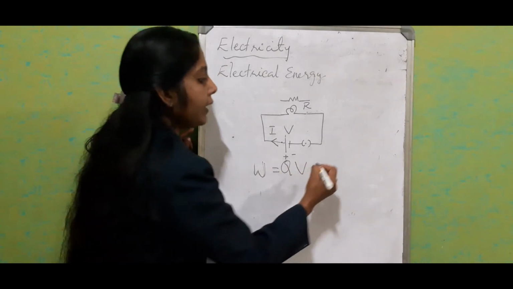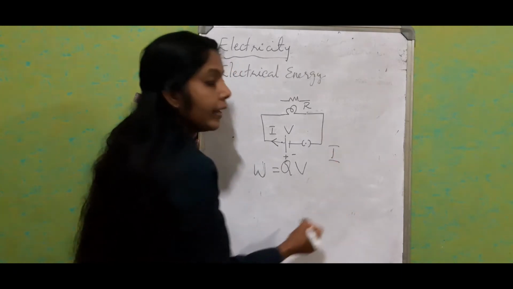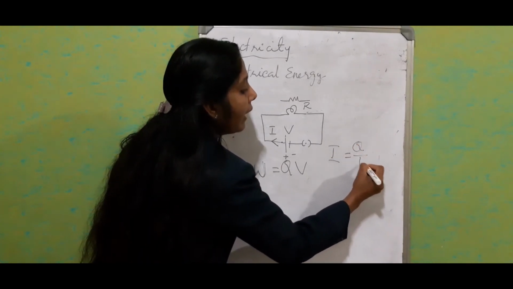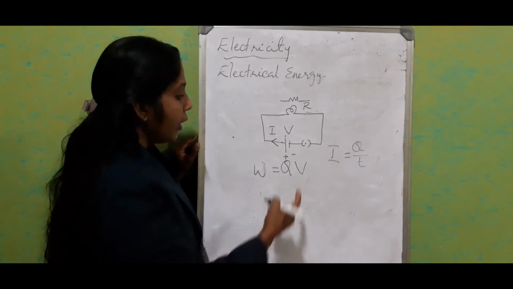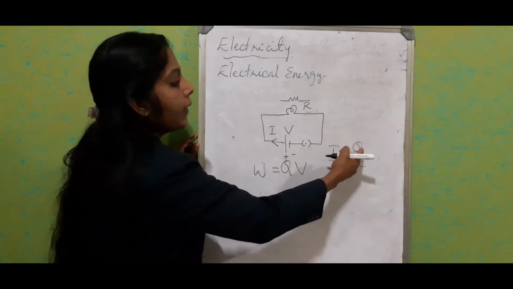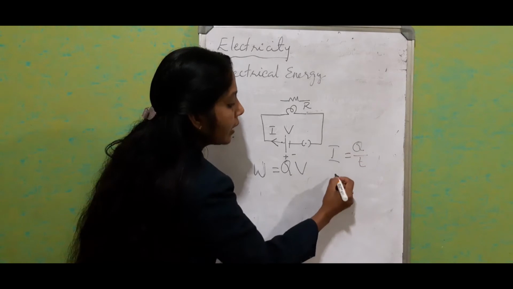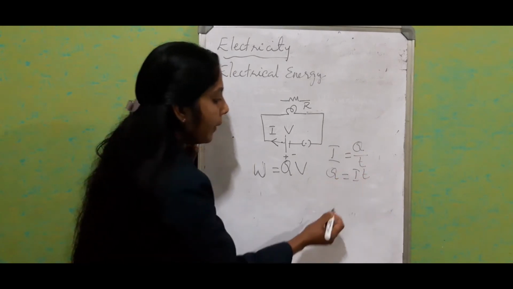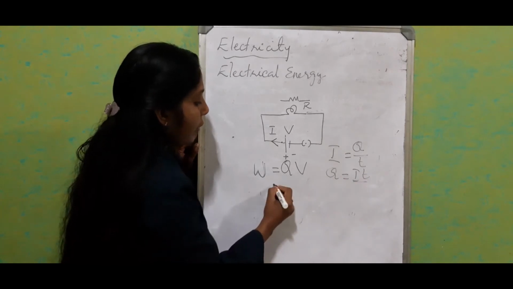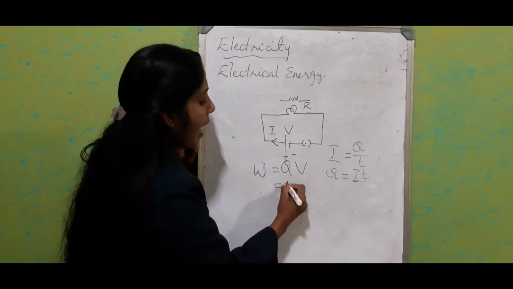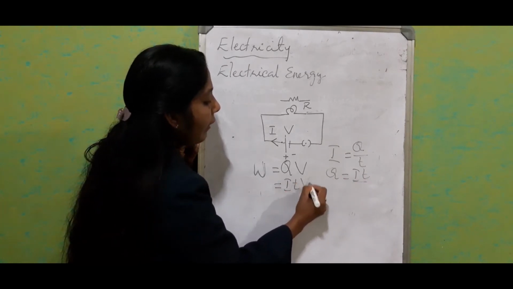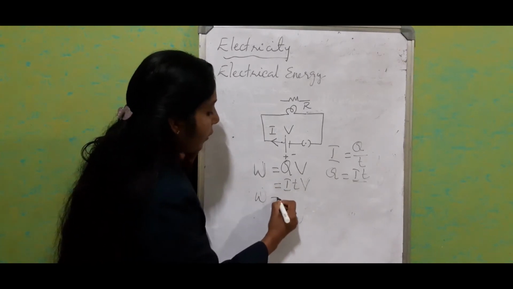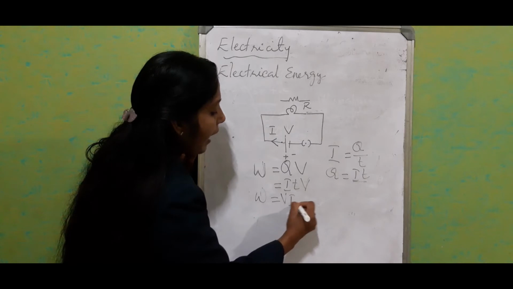And we studied the equation for current. Current is equal to charge by time, I = Q/T. So I am going to substitute Q. Q is equal to I into T. If I substitute this value here, we get work done equal to ITV, or we usually write it as VIT.